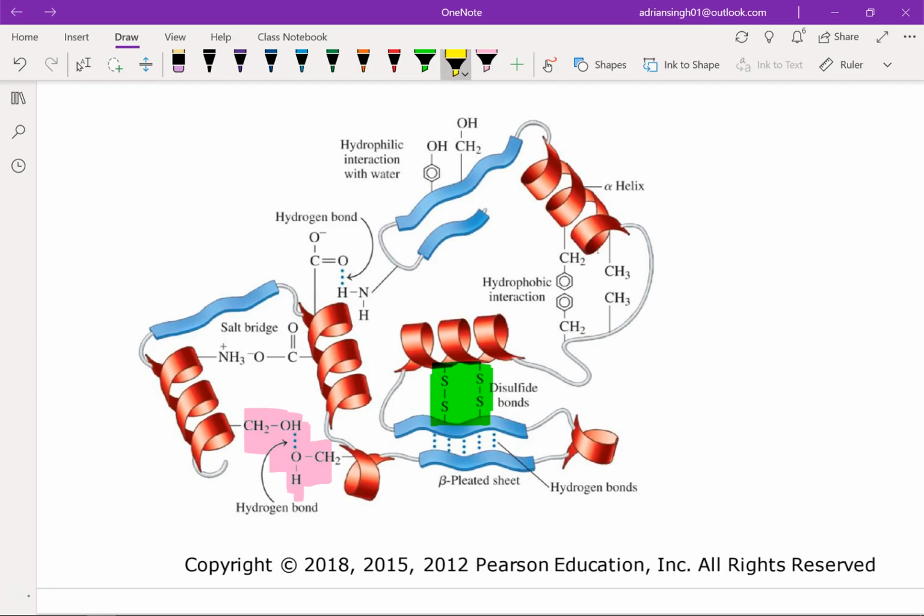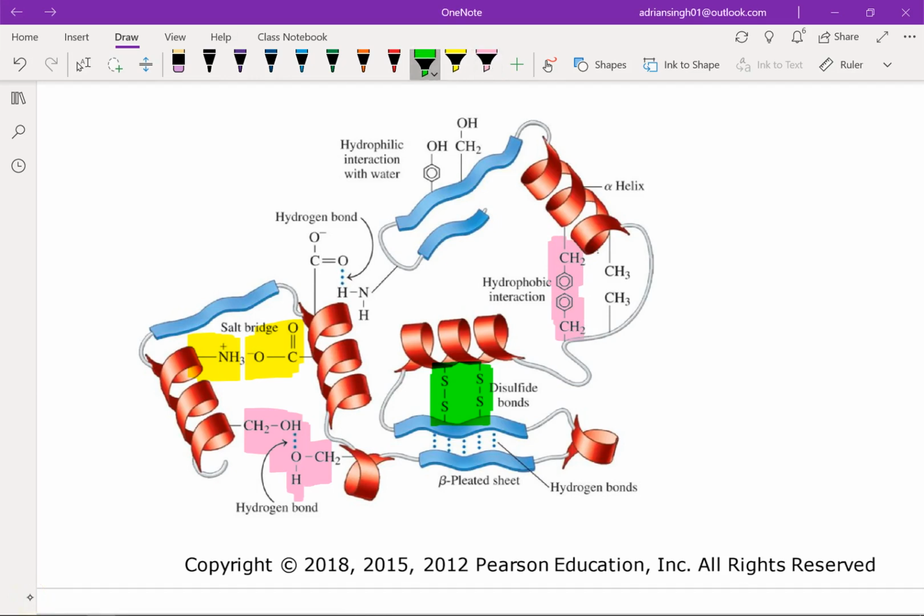We have a salt bridge, which is simply a positive charged R group being close to a negatively charged R group. We also have our hydrophobic interactions, which are over here. We have our non-polar amino acids with their R groups associated with them.